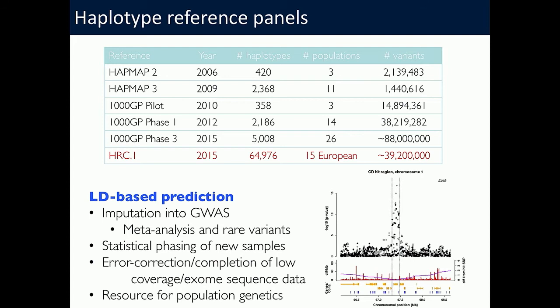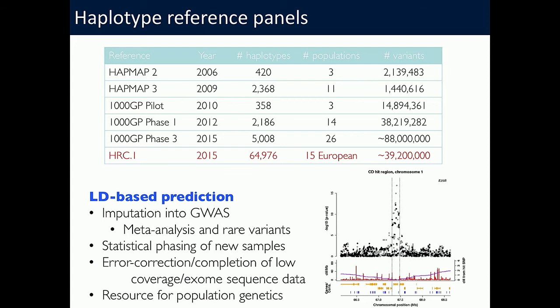So over the last year or two, we built with a consortium of people, including Gonçalo Abecasis' group at Michigan, and Jonathan Marchini and his team at Oxford, and a lot of collaborators who had projects, a reference panel of 65,000 haplotypes from 15 populations.